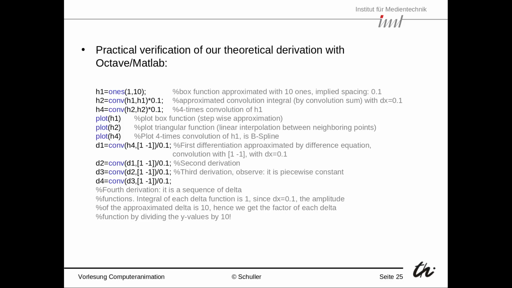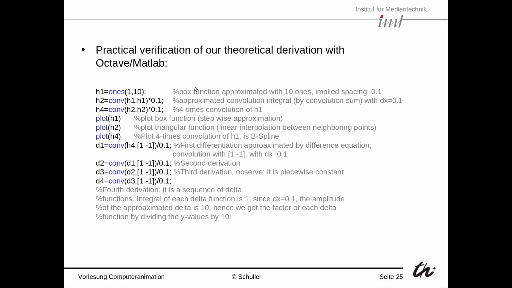Yeah, so here's a practical verification of our theoretical derivation in Octave or MATLAB. So here basically I'm constructing my box function. So here basically I approximate this box function, which is defined in continuous time, using discrete time, meaning 10 sample points. So 10 times the 1.